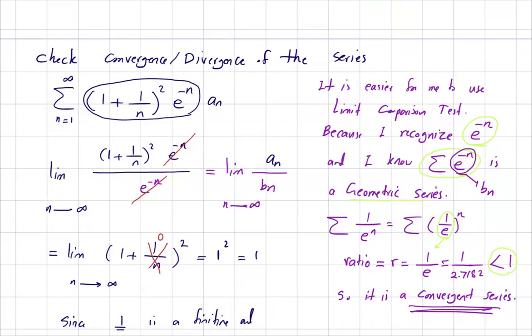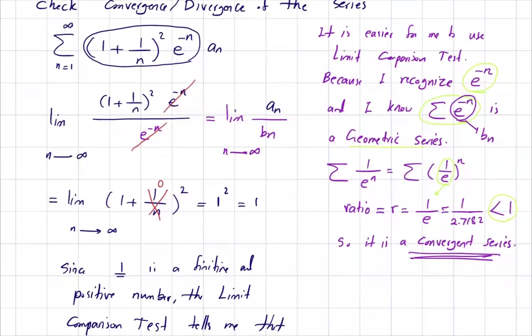you can cancel out e to power negative n. E to power negative n gets canceled out, so you end up with the limit of 1 plus 1 over n to the second power as n goes to infinity, but this is nothing but 0, so you end up with 1 squared or just 1.